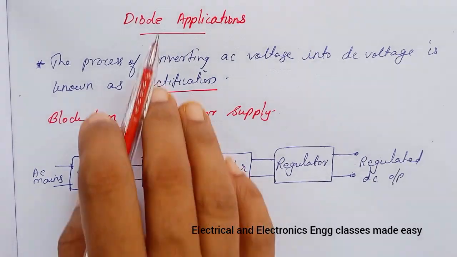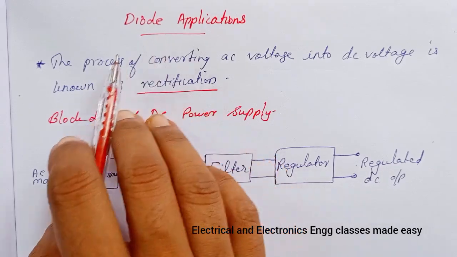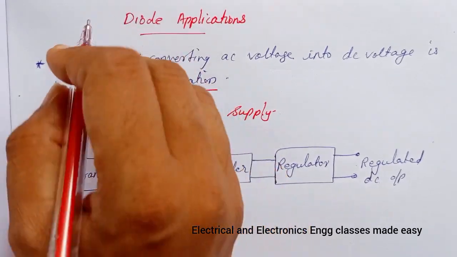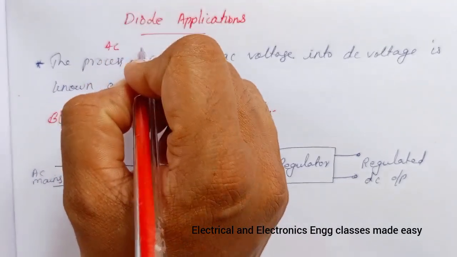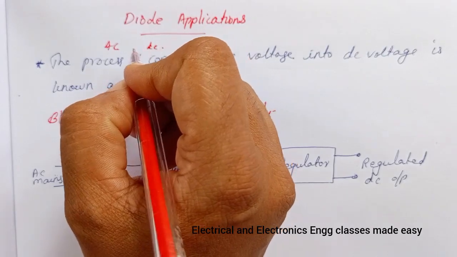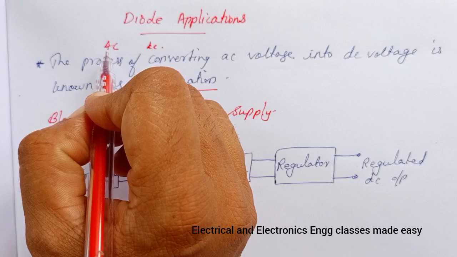Today's class is about diode applications. Most electric supplies provide alternating currents rather than DC current, and the available electrical supply at the consumer terminals is AC.